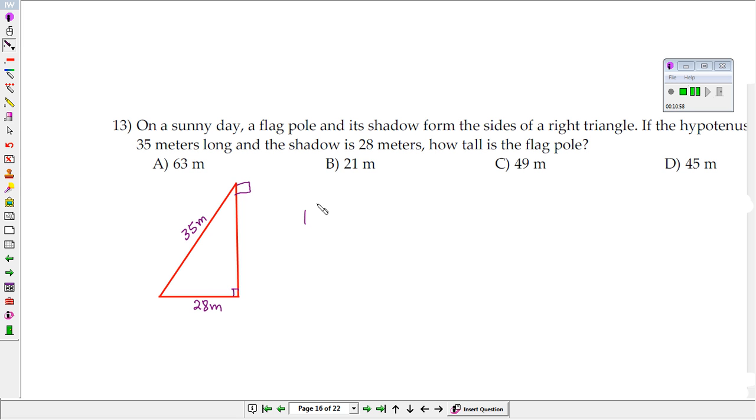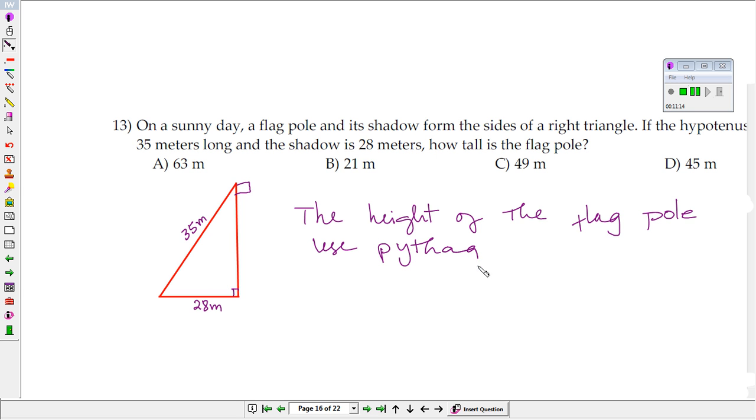And we want to find the height of the flag pole. We are going to use the Pythagorean theorem.